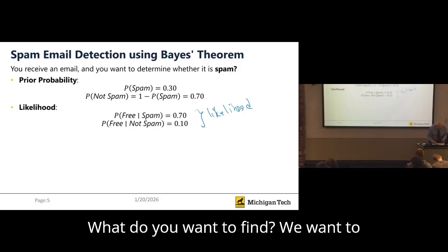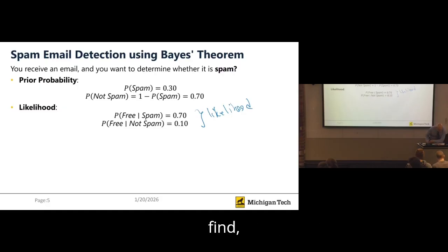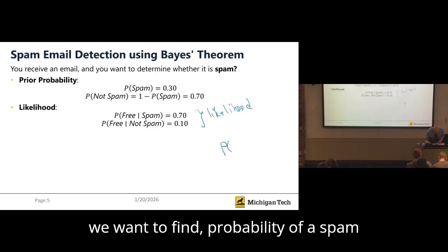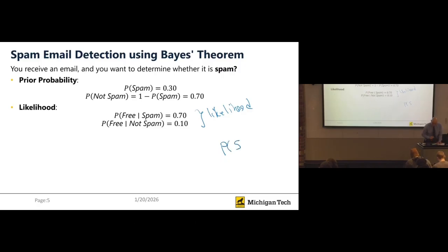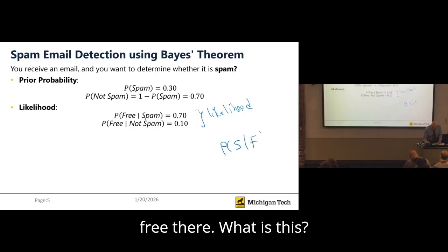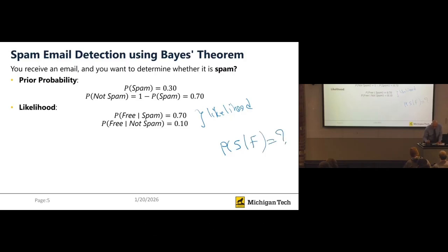What do we want to find? We want to find the probability of a spam when free is there. What is this?